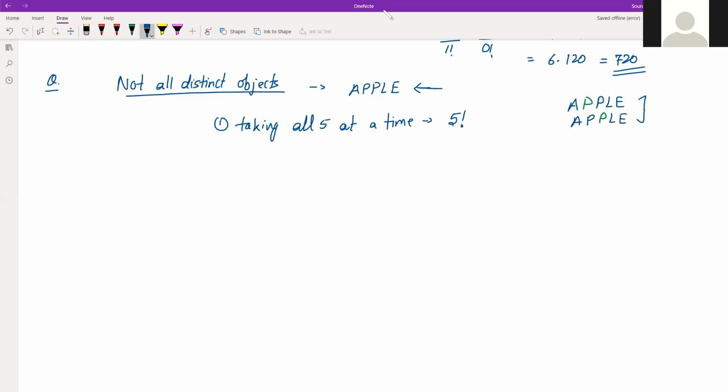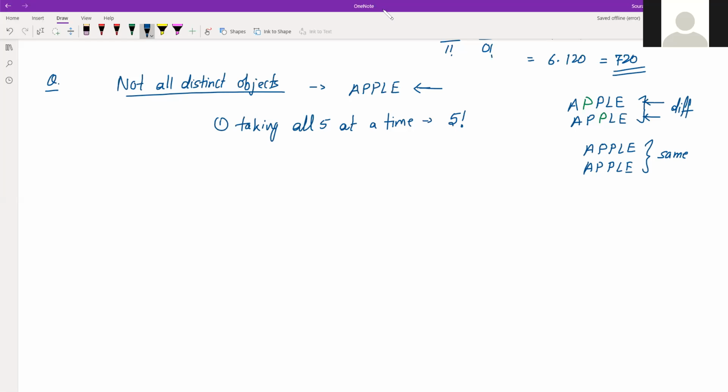The two P's are same. So if two P's are same, are these two different arrangements or same arrangements? They are same, right? Whether I use the first P first and the second P later, or the second P first and the first P later, does it make any difference? If P's are different, it is different. But if P's are not different, it is same.